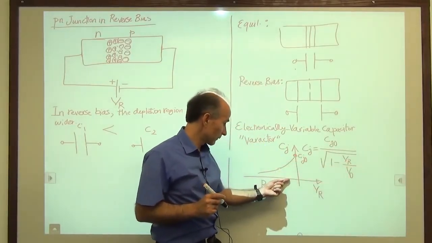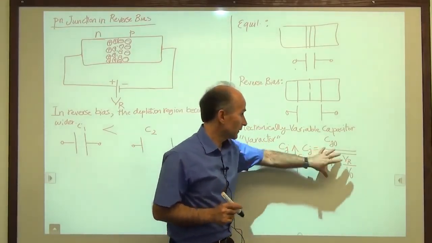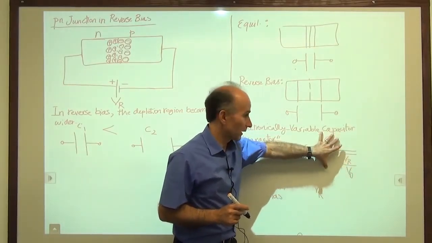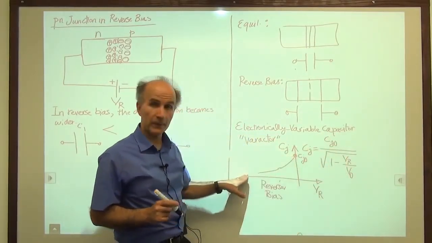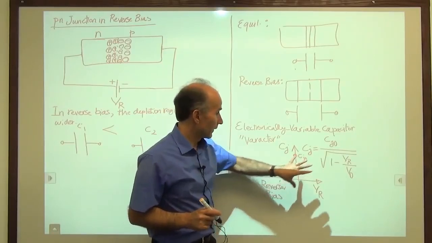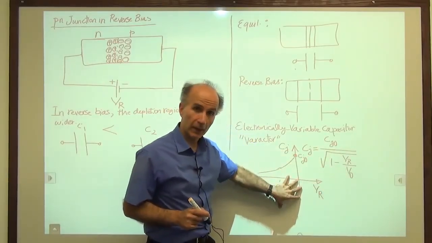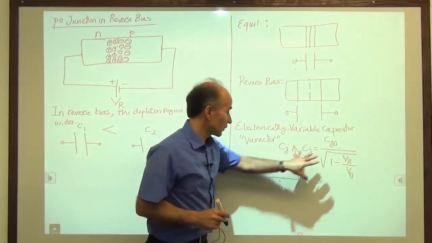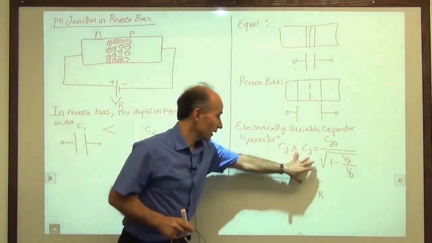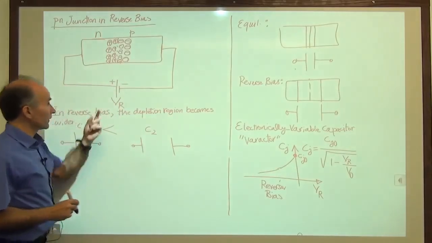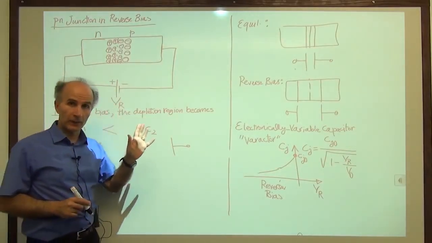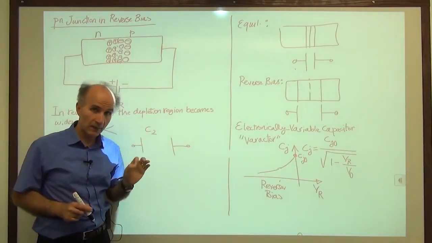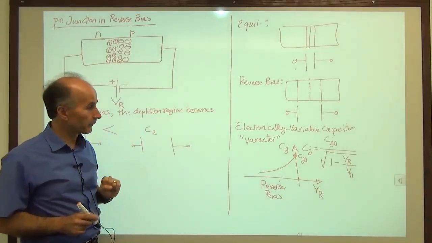As the absolute value of VR increases, this term increases, and the capacitance drops. So this equation is consistent with this plot, and in this equation VR has to be negative, so that's fine. This equation and this plot are not quite consistent with this drawing here, but don't worry about it. So long as you know what reverse bias means, we should be okay.